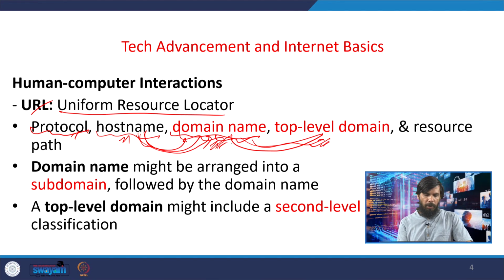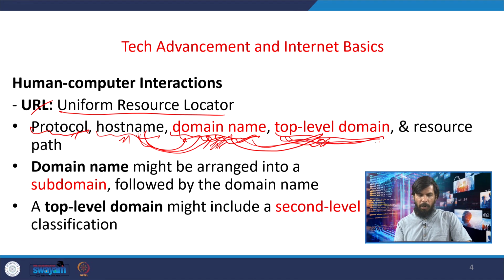So, the domain name in a way represents the organization, or rather the organization's network, and the top level domain classifies the kind of domain network we are talking about, whether it is commercial, academic, government, or any other kind of classification for that organization.